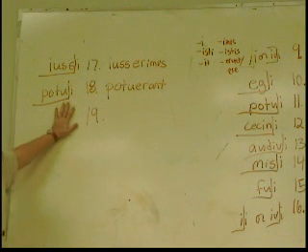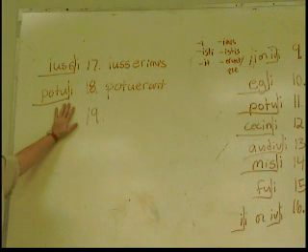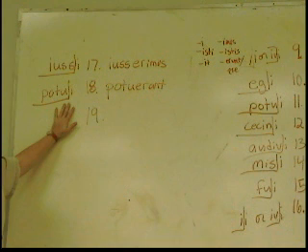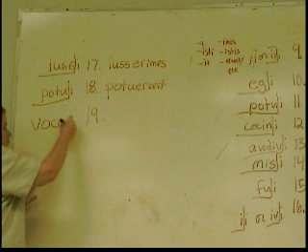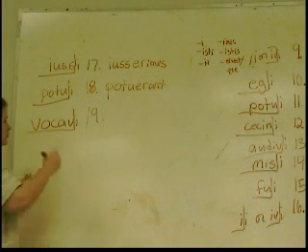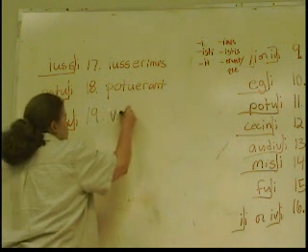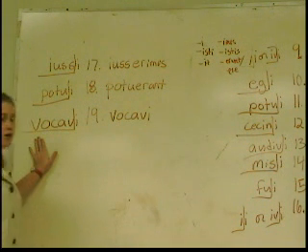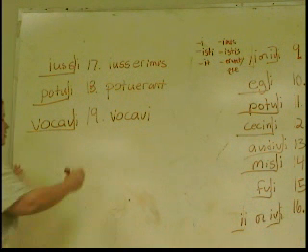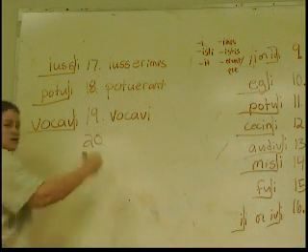Okay. And number 19, do you want to try it? No? Okay. Marie? I have called. It's perfect. Good? And I got vocavi. Vocavi. 20.